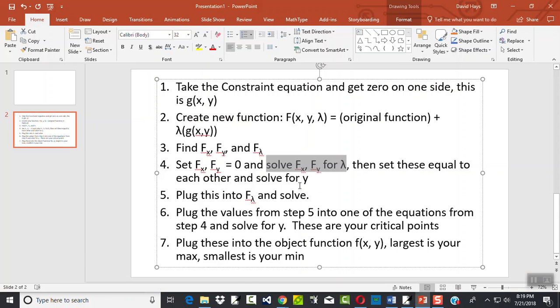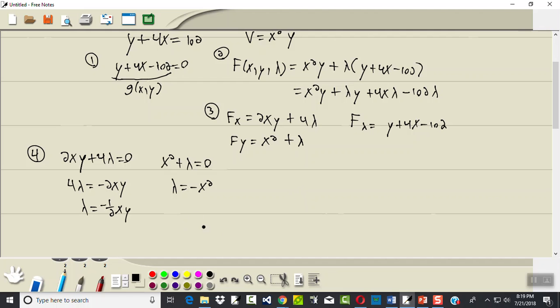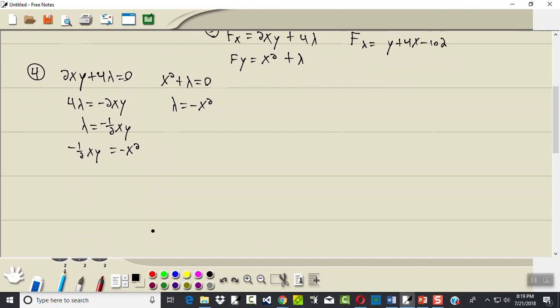Then set these equal to each other and solve for y. Yeah, step 4. Long step. So I'm going to have negative 1/2 xy equals negative x squared. I can multiply both sides by negative 1. And we get 1/2 xy equals x squared. Multiply both sides by 2. And we get xy is equal to 2x squared.